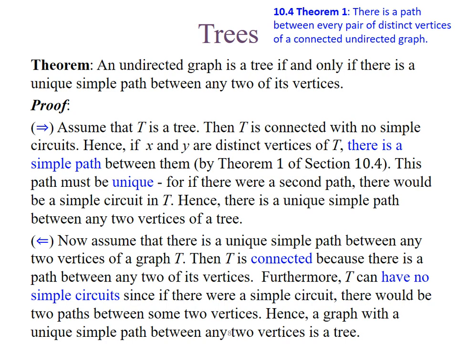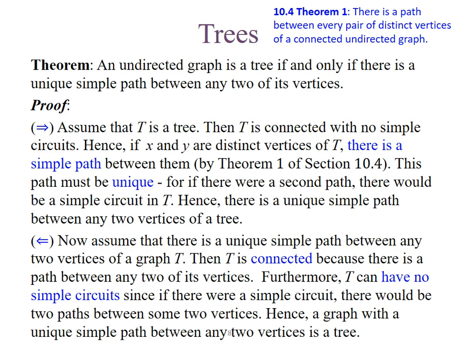let's see how we prove this theorem. If it is a tree, then let's see how to prove we have unique paths between any two vertices. Since it is a tree, by the definition of a tree, there are no simple circuits. If x, y are a pair of different vertices, then there is a simple path by Theorem 1 of section 4. So let's see what the theorem is.